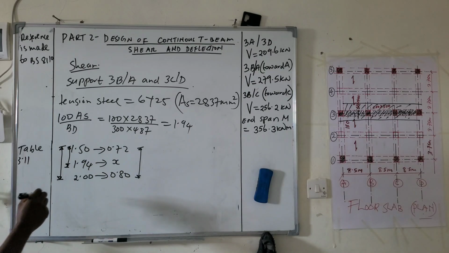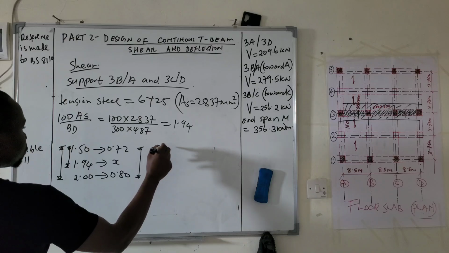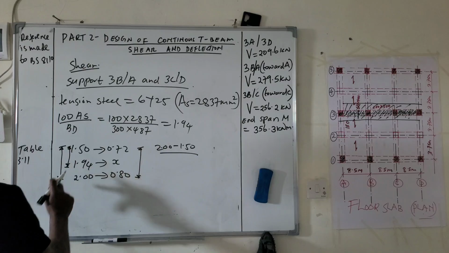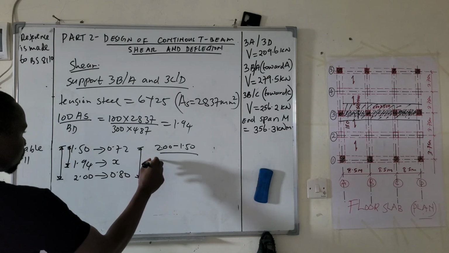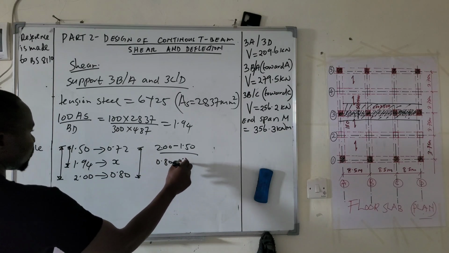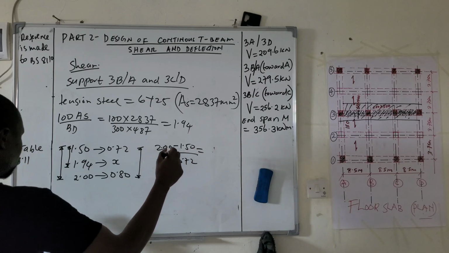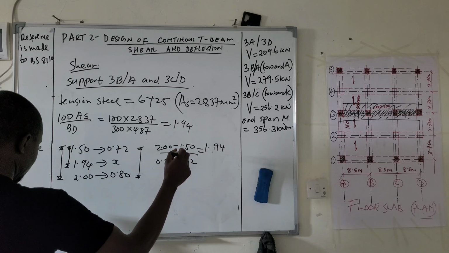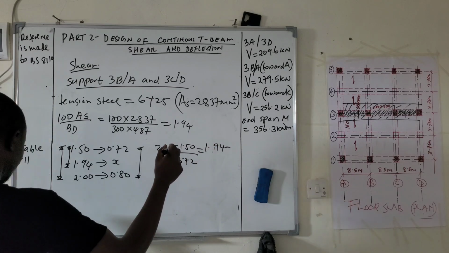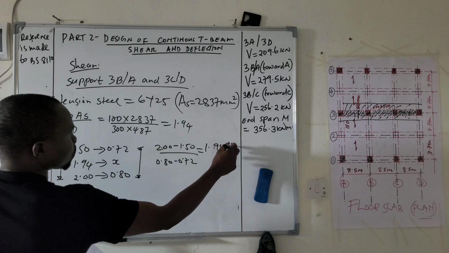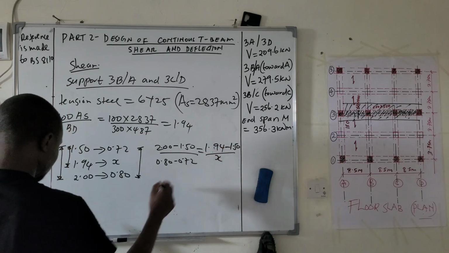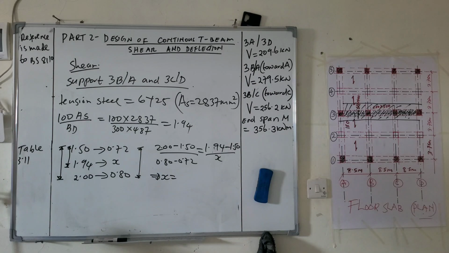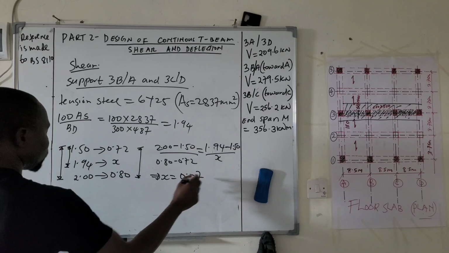So to obtain x, it will be 2.00 minus 1.50, as I have said, over 0.80 minus 0.72 is equal to 1.94 minus 1.50 all over x, which implies x is equal to 0.07.